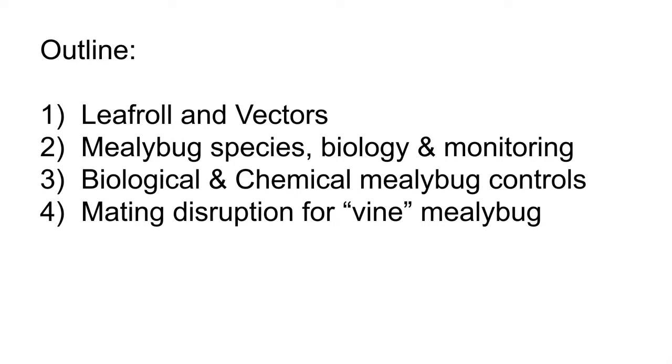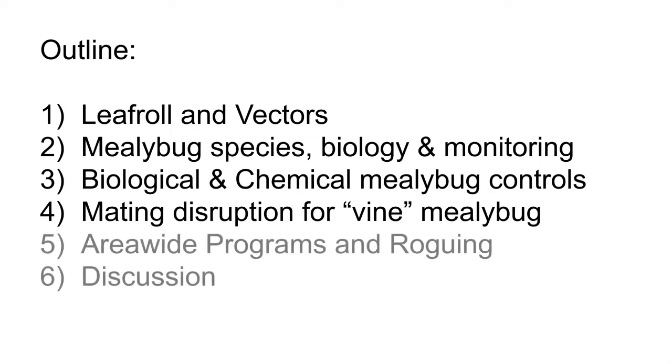With mating disruption, there's different ways to use it. And I still find growers trying to make this work for their particular situation and going quite often under label, which can be used at different times. So we'll talk a little bit about mating disruption. And then we'll come back and conclude with area-wide programs, something that I'm really trying to emphasize these days.